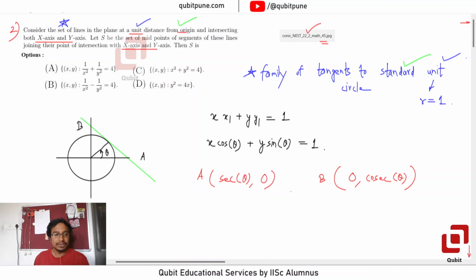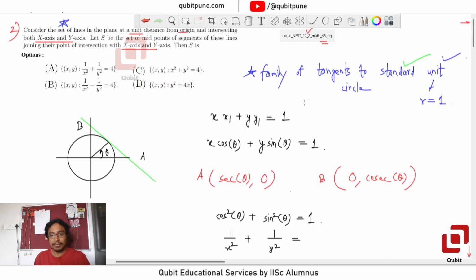What we need to do is look for a relationship between sec and cosec. How will we do that? Cos squared theta plus sin squared theta equals 1. But cos is the reciprocal of sec, so this will be 1 upon sec squared plus 1 upon cosec squared equals, oh wait, we need the midpoint, sorry.